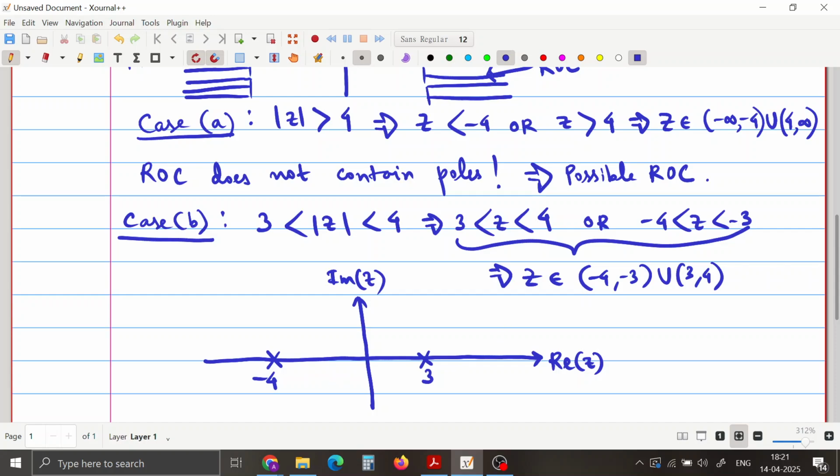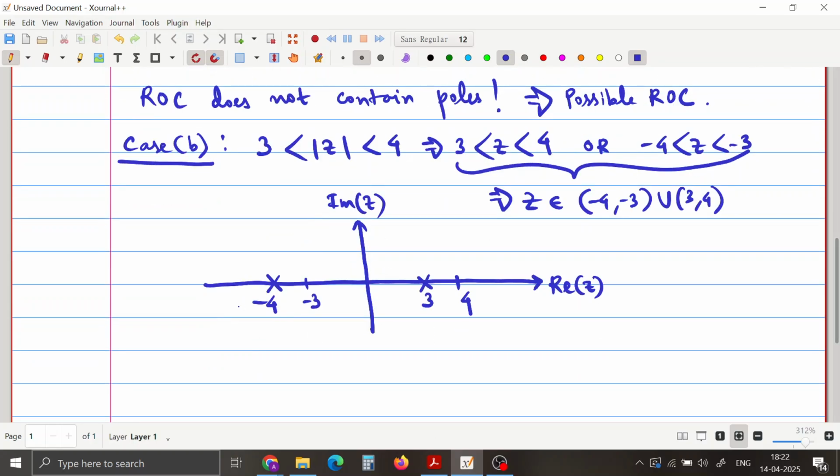For that we also need these two points, one at -3, another at +4. Okay, these will be my boundaries of the ROC.